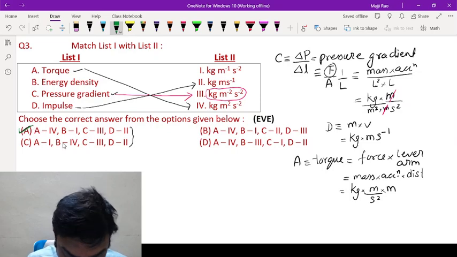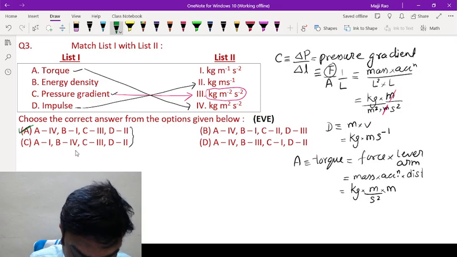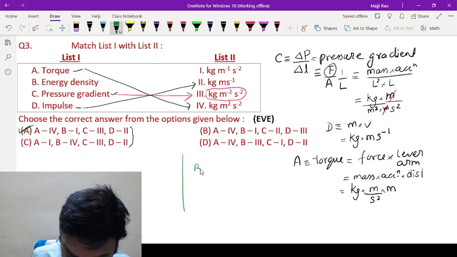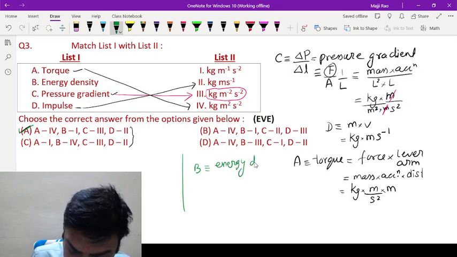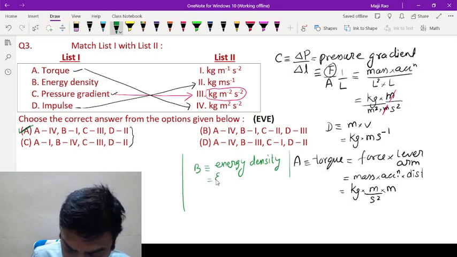Now no need to map for B because automatically there is no other option having A mapped with 4, C mapped with 3 and D mapped with 2. So we got the answer. But still, just for your satisfaction, I'll be finding the unit for B as well. B stands for energy density. Energy density means energy per unit volume.